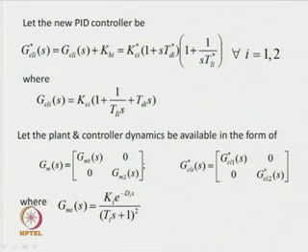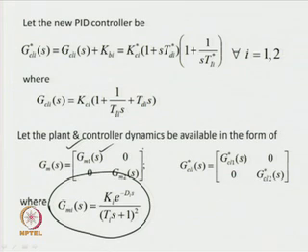Let the plant dynamics be assumed to be available in the form of GM(s) equal to the diagonal matrix with GM1(s), 0, 0, GM2(s). That means the plant dynamics is represented by the diagonal transfer matrix GM(s), where the elements are given by GMi(s) equal to Ki times e to the power minus dis upon (Ti s plus 1) square.